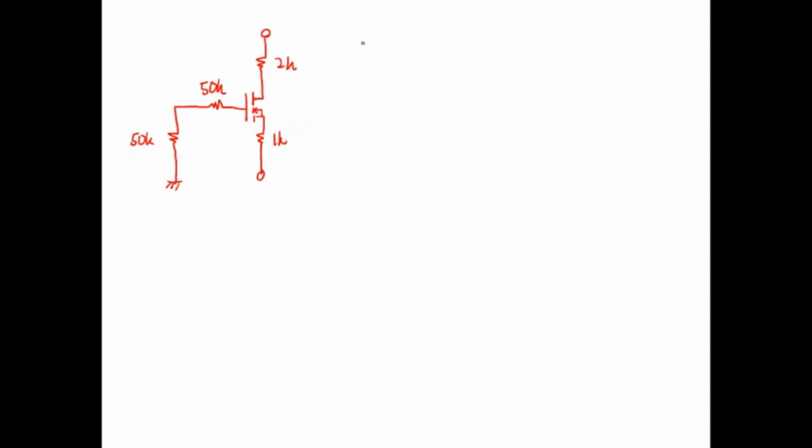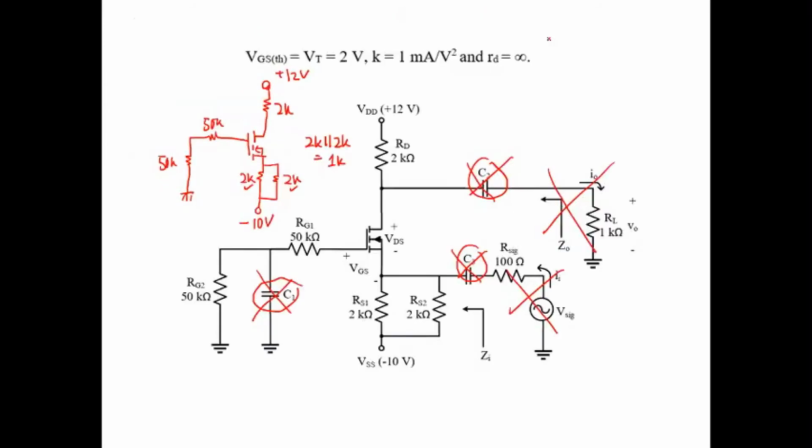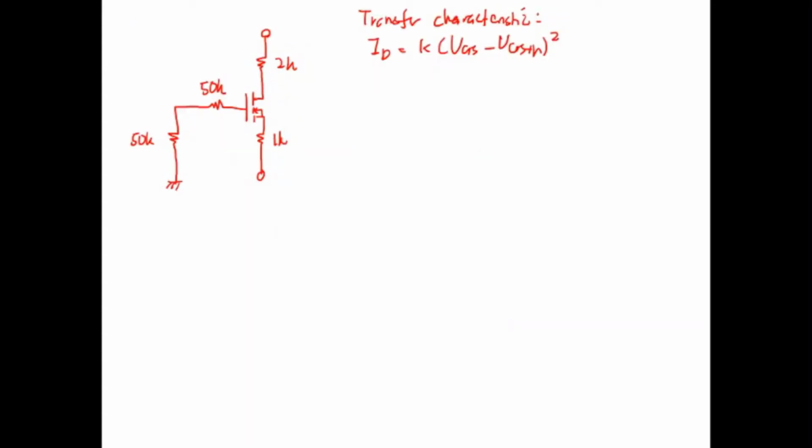The next step is to identify the transfer characteristic. The transfer characteristic is ID equals K times (VGS minus VGS,TH) squared. It's given that VGS,TH is 2 volt and K is 1 milliampere.